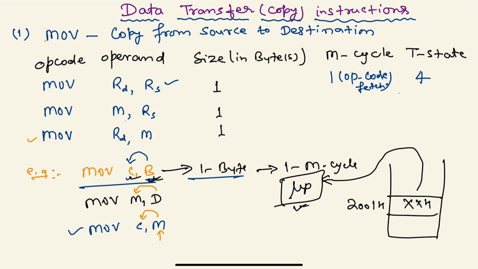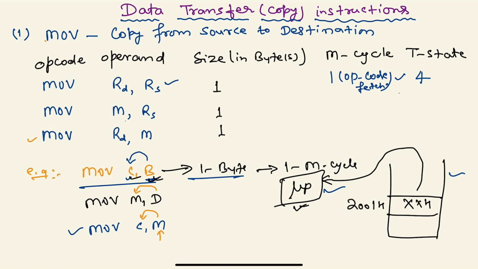And the very first operation for any instruction is called the opcode fetch operation. Whenever this opcode comes for this instruction from the memory to the processor, it knows that the operand for this instruction is available inside the processor itself. So it is accessing outside of the processor, memory or IO, only once. That is the reason the machine cycle is referred to here as 1, and that operation is called the opcode fetch operation.